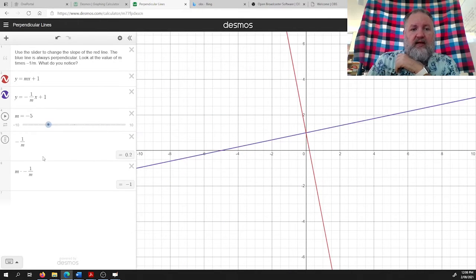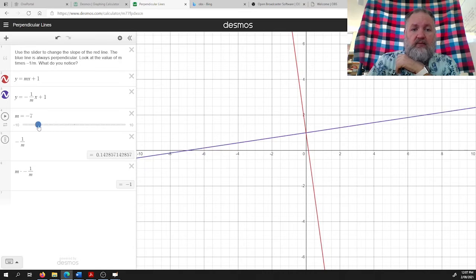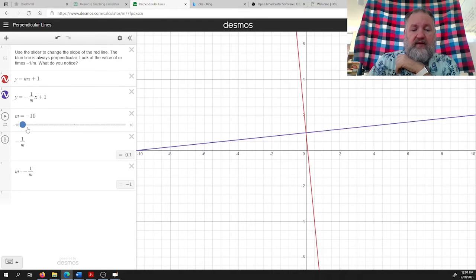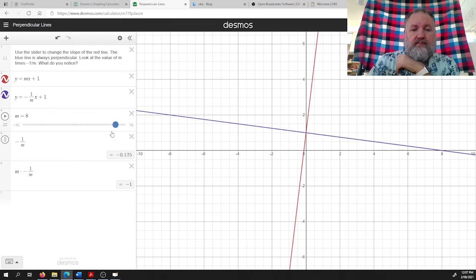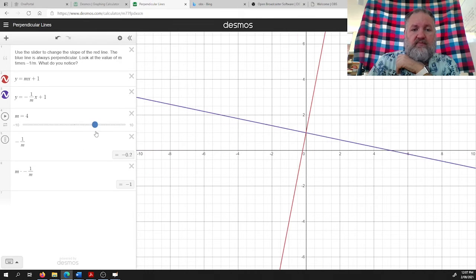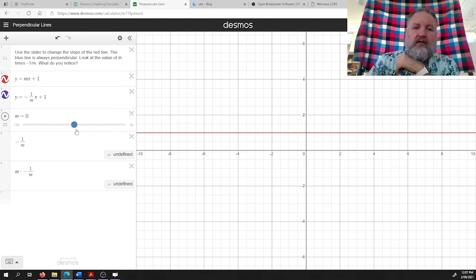What they've done down here is they've shown that m multiplied by -1/m is always -1. It doesn't matter what the value for m is, the product is always -1, except for this one, where m is equal to 0.